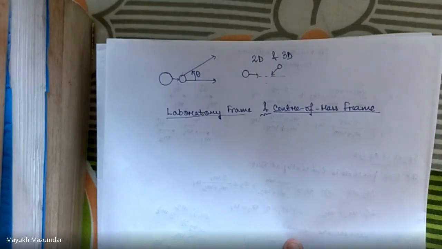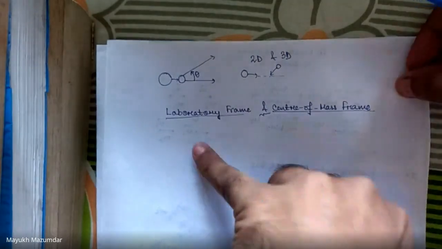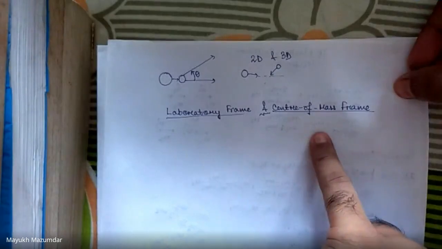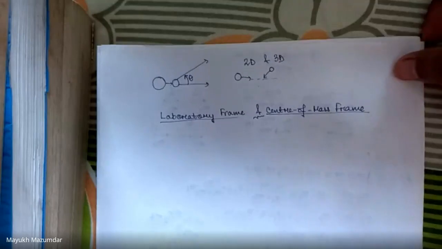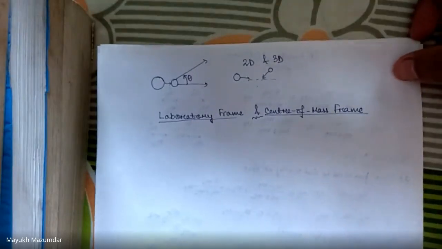Like we had inertial and non-inertial frames. That's a different thing. Here, lab frame and center of mass frame. These are very important tools to study collisions, specifically collisions.